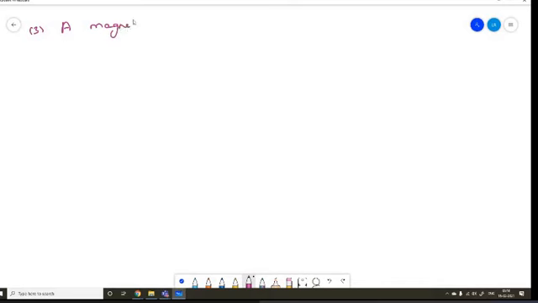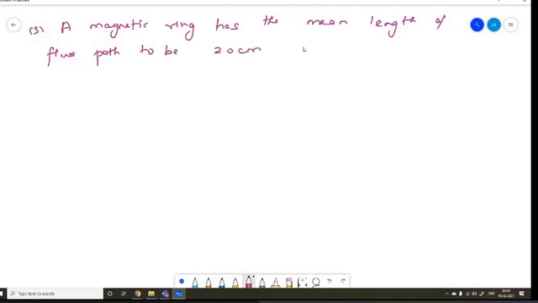The magnetic ring has the mean length of flux path to be 20 centimeter, and cross section of 1 centimeter square.